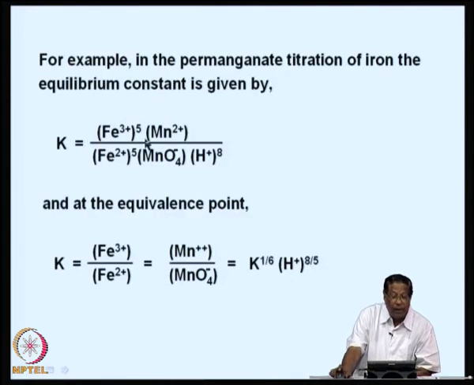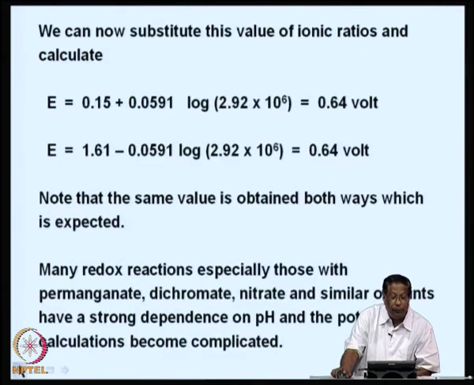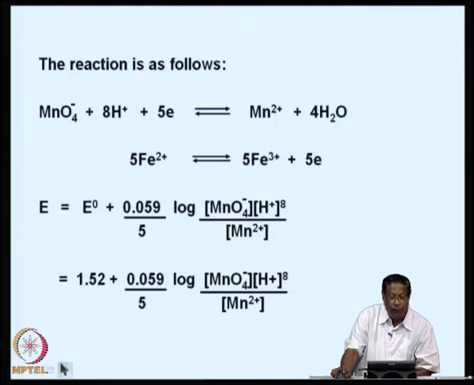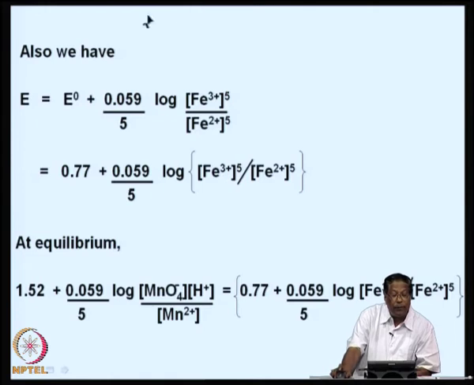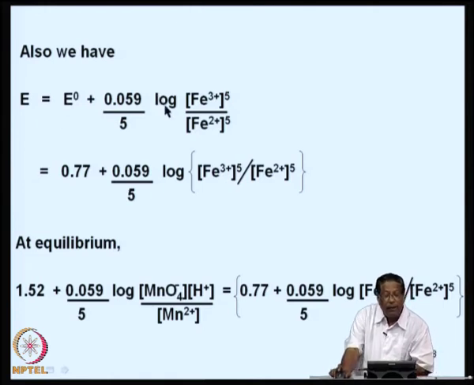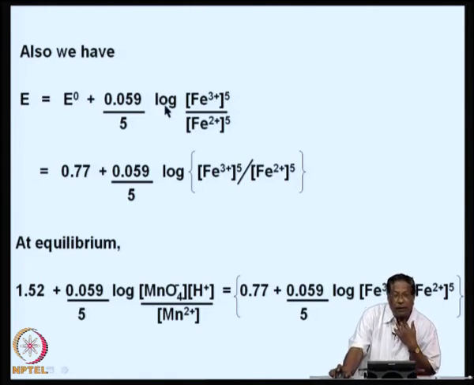Now, we have a similar expression for ferric to ferrous. So, the reaction is a 5 electron system now.